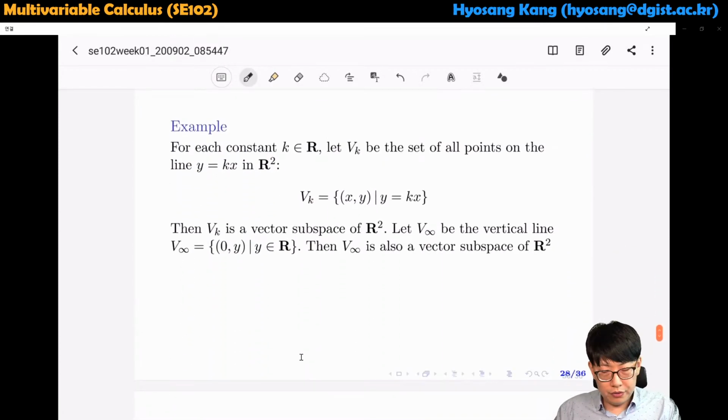So another example of a vector space is that you can take a space of a line. Okay, so let's say Vk is defined as this set. You collect all the pairs of points in the two-dimensional plane where the second coordinate y is a multiple of the first coordinate by factor k.